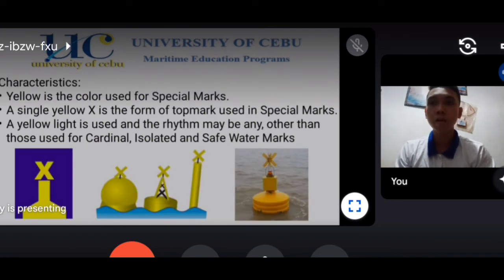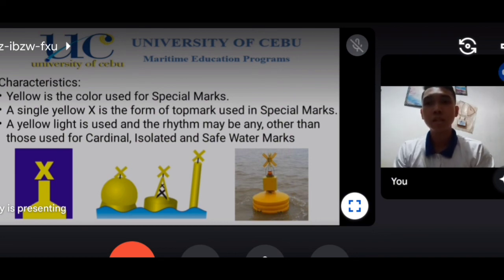So here are some of the characteristics of a special mark. As mentioned, special marks utilize the color yellow to symbolize its use, its purpose. So a single yellow X is the form of top mark used in special marks.